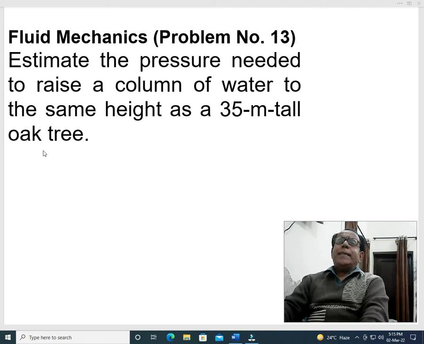Dear students, here the term oak is not relevant to our problem. Our problem is to find out the pressure rather than to know the nature of the tree. We can easily google this term, but it is not our primary concern.